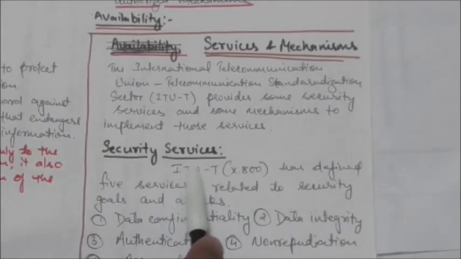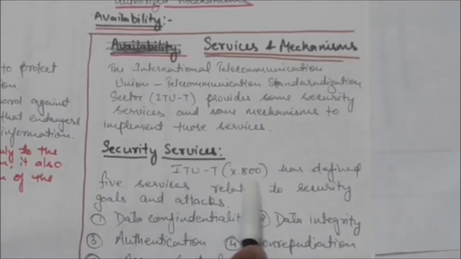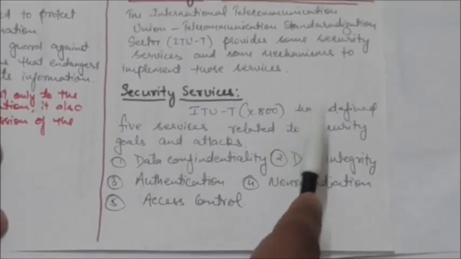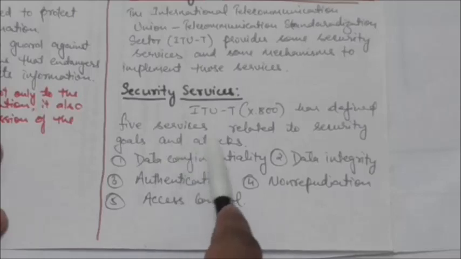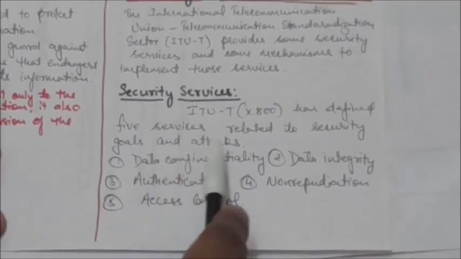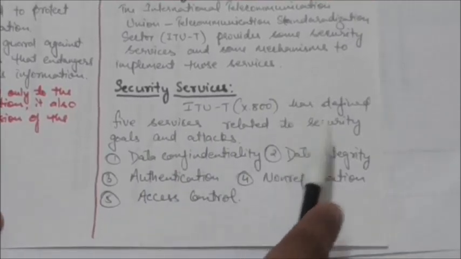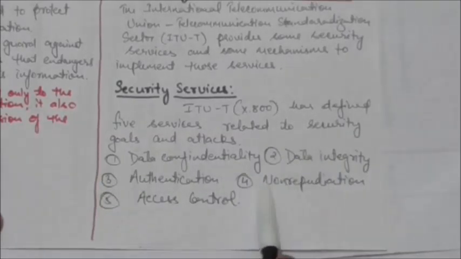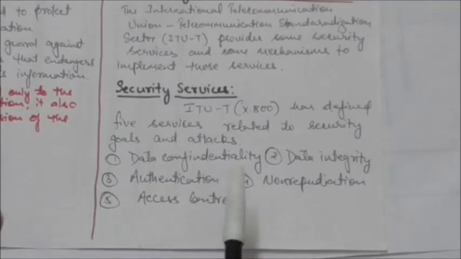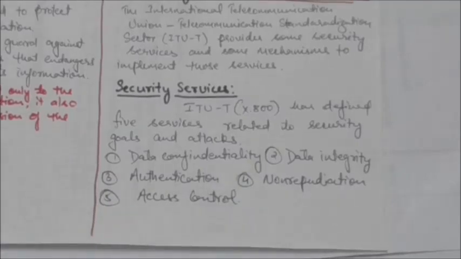ITU-T X.800 has defined five services related to security goals and attacks. First is data confidentiality, second is data integrity, third is authentication, fourth is non-repudiation, and fifth is access control. We will study all these security services one by one.